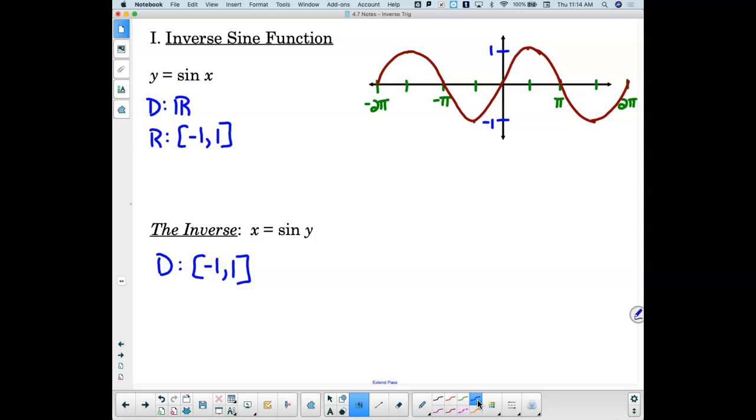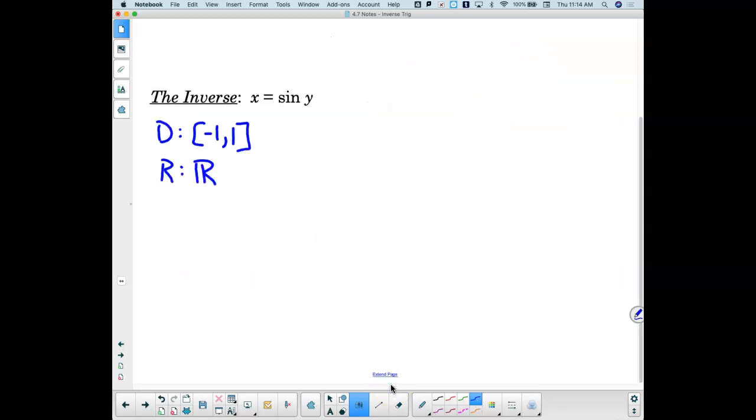My new range now is all real numbers. Can I just make sure I'm picturing this right? Instead of it being this way, it's kind of like this, vertical now. Yep. Great. Okay.